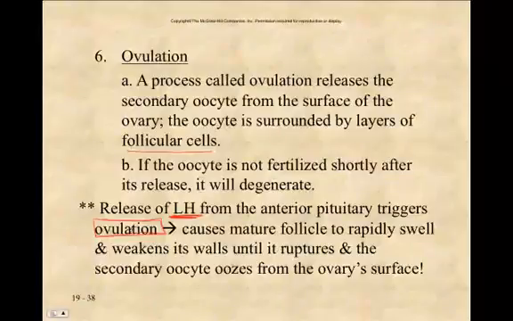Now we're going to talk about their function in females, and the terms will make much more sense because they're named after their main function in females. Upon ovulation, you'll see a spike. That's one of the ways you can test whether ovulation is occurring: you can test for luteinizing hormone, which will spike just before ovulation.